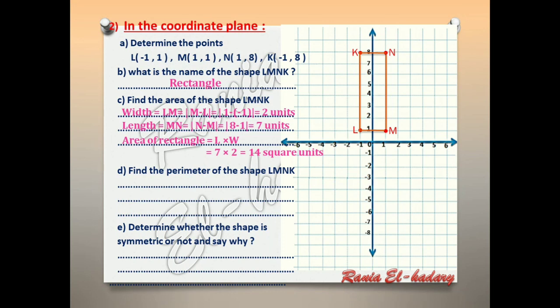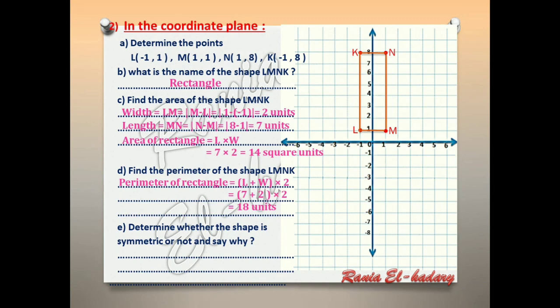Letter D. Find the perimeter of LMNK. I have length equal to 7 and width equal to 2, so it's easy to find the perimeter. What is the perimeter of a rectangle? Yes, the perimeter of a rectangle equals length plus width, all times 2. 7 plus 2 equals 9. 9 times 2 equals 18 units, without square, because it's perimeter, not area.